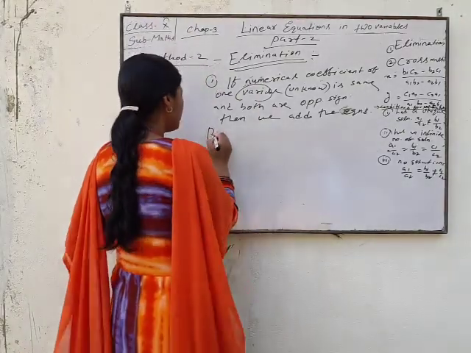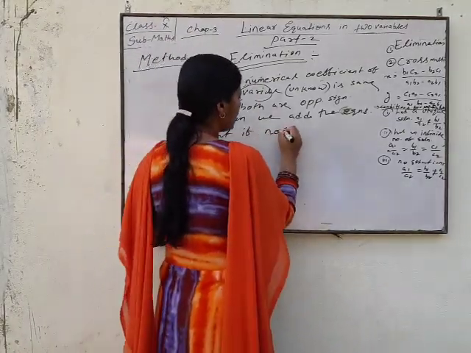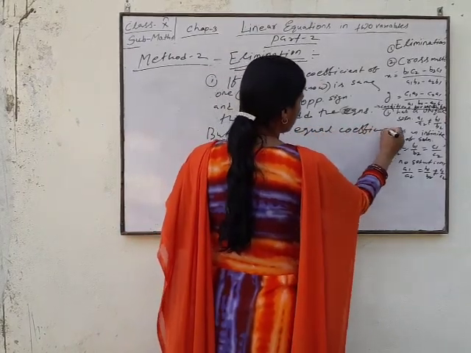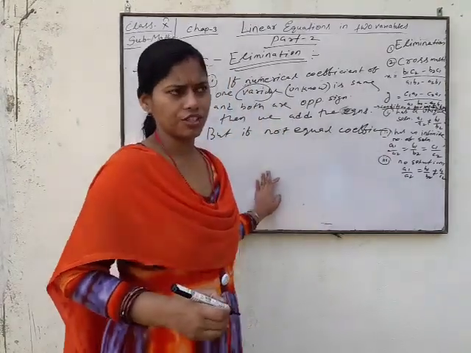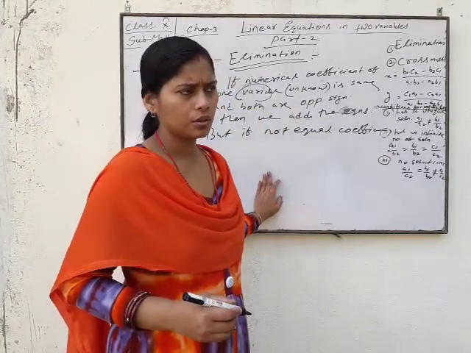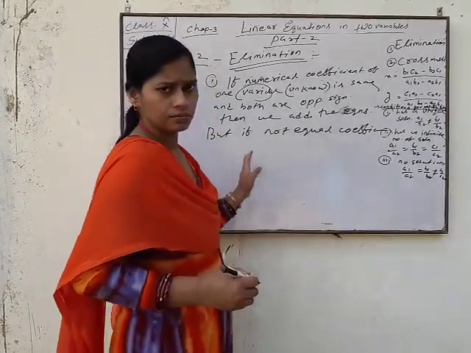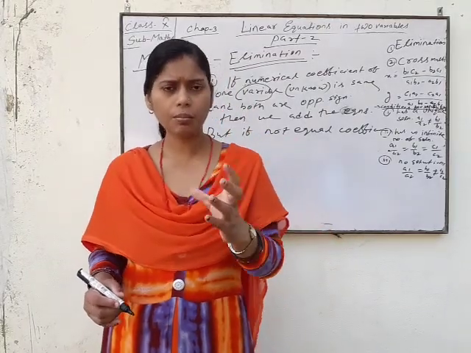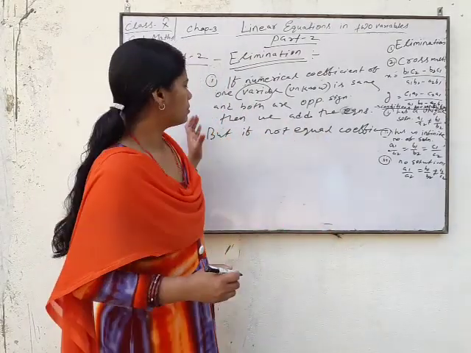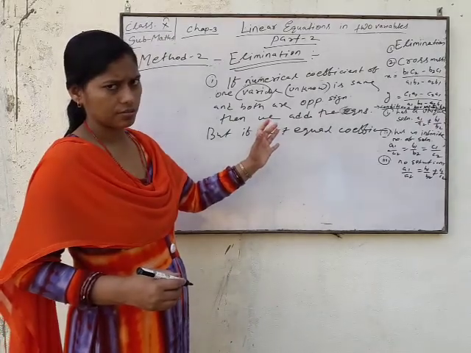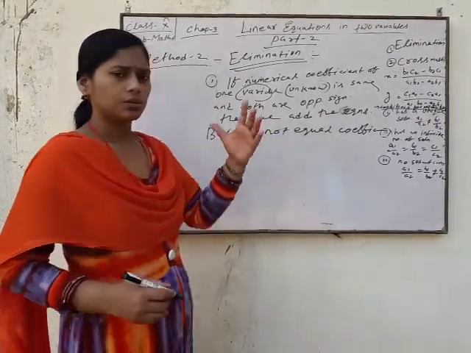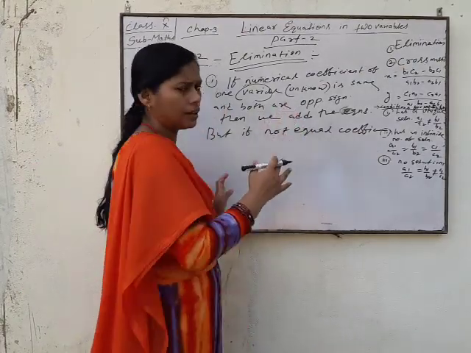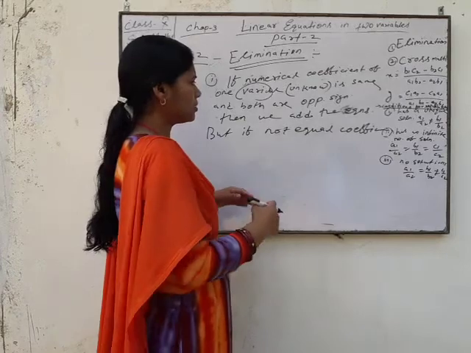But if the numerical coefficients are not equal, then what will we do? We first multiply the equations by a suitable number, and then if both variables have opposite signs, we add.